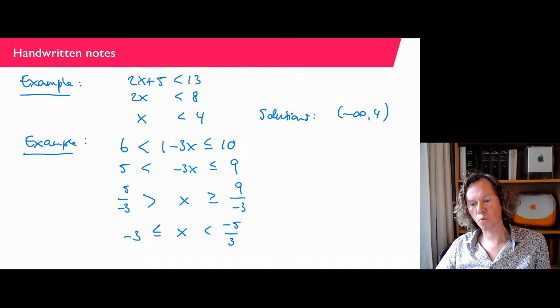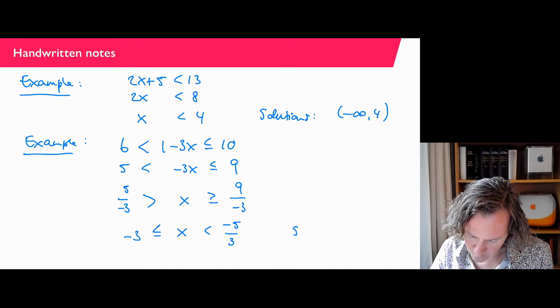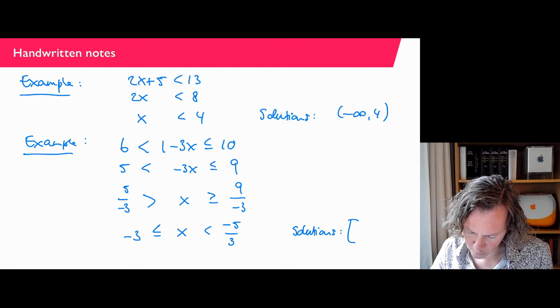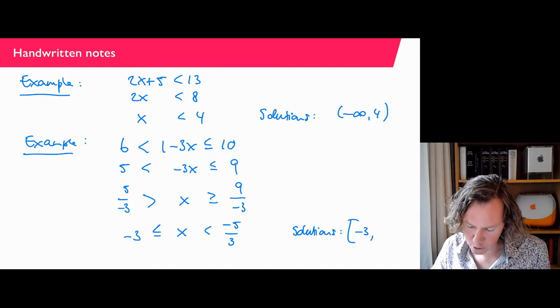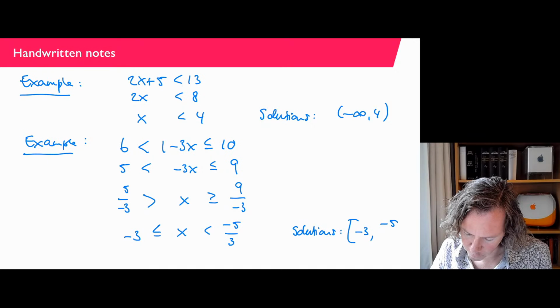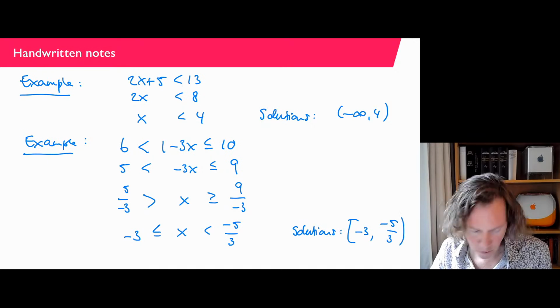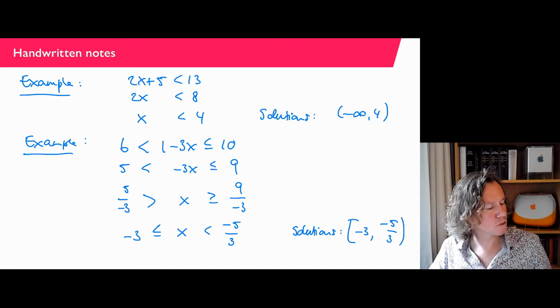So if I want to write that as an interval, I get the following solutions. All the x's in between minus 3, and minus 3 is included, and minus 5 over 3. So that's how to do these types of inequalities.